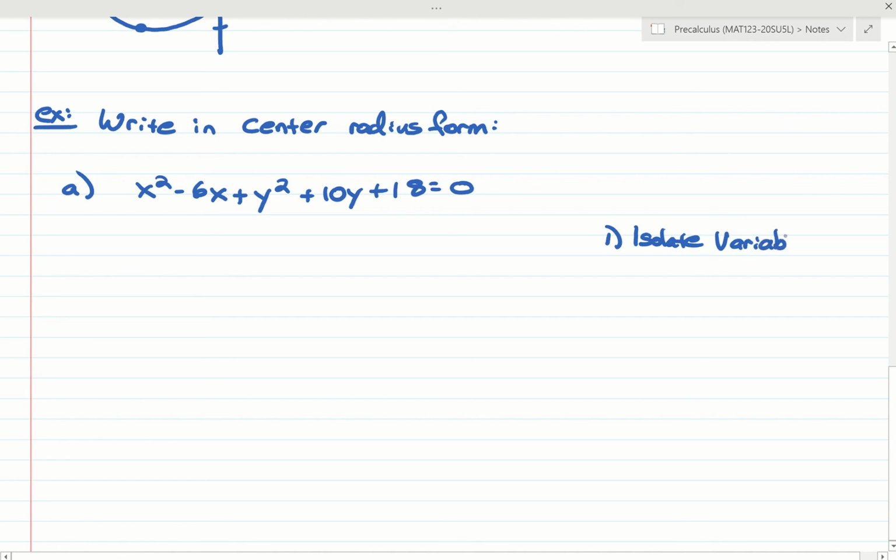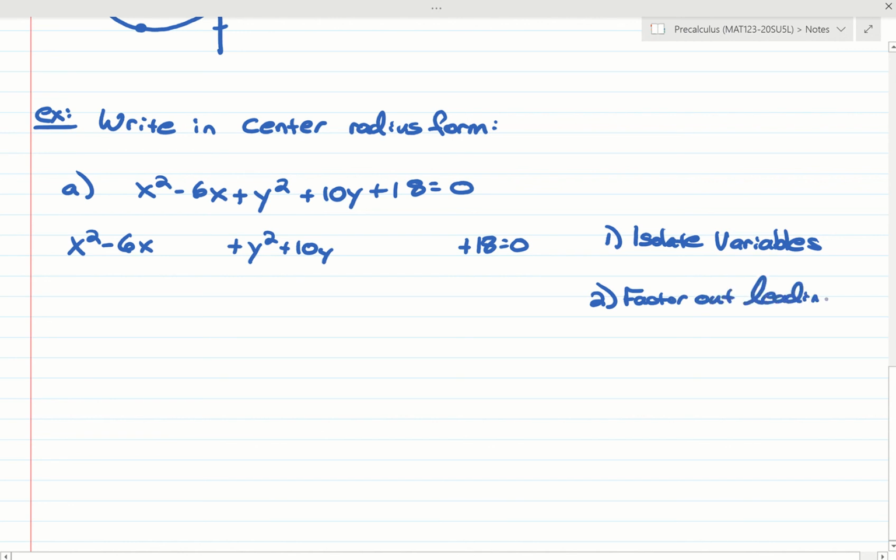It was 4 steps, and we're going to do the same thing here with both x and y. I'm going to say x squared minus 6x plus y squared plus 10y, and we'll just get that 18 out of the way. Second step was we factor out the leading coefficients.